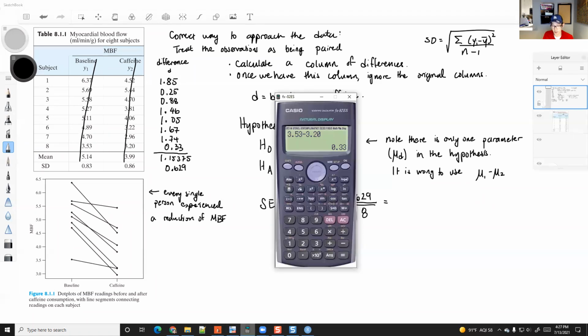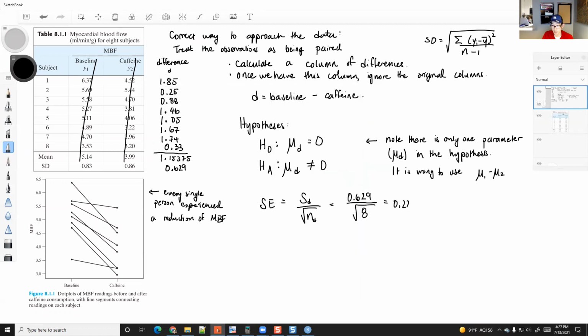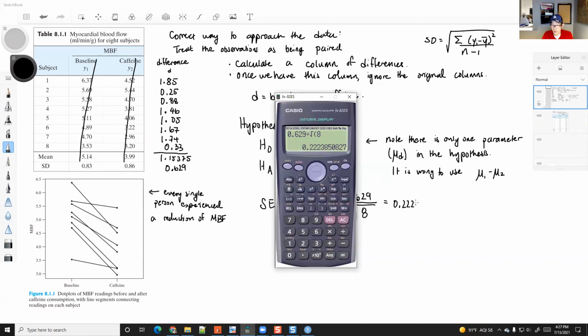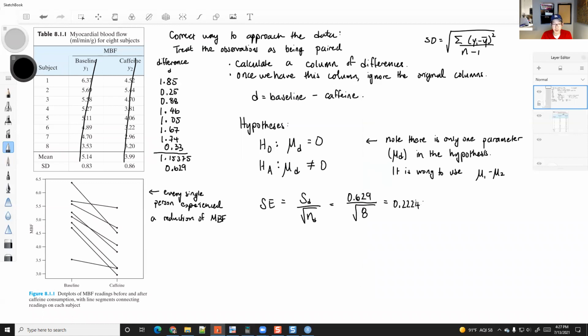Okay, so let's go ahead and do that. 0.629 divided by square root of 8. All right, so I get 0.222, we'll just do 0.2224.